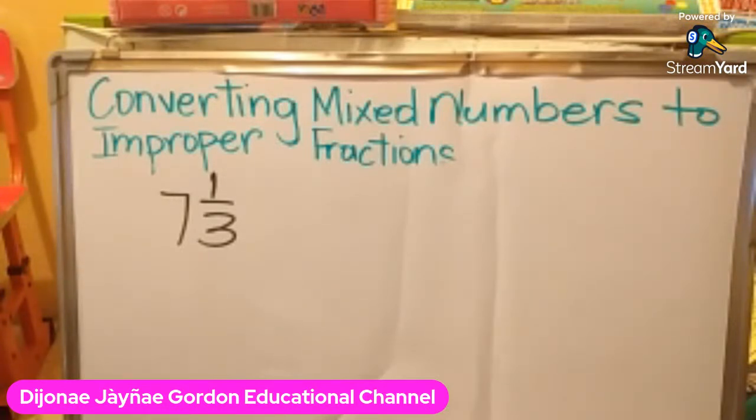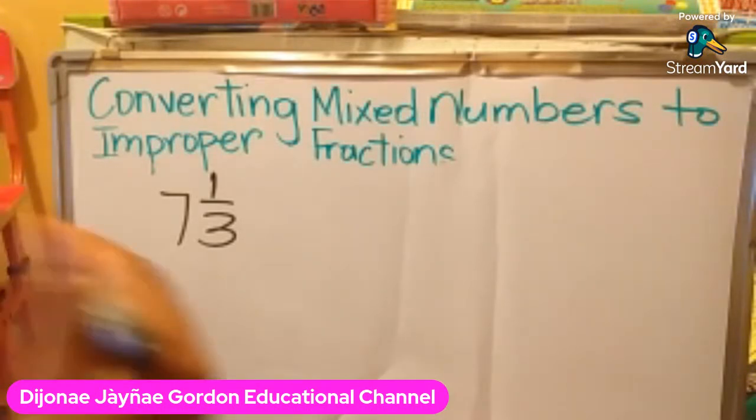So Riri said 22 over 3. And Kira said, I got it first. Oh, Kira, I'm seeing Riri's answer first on my end.